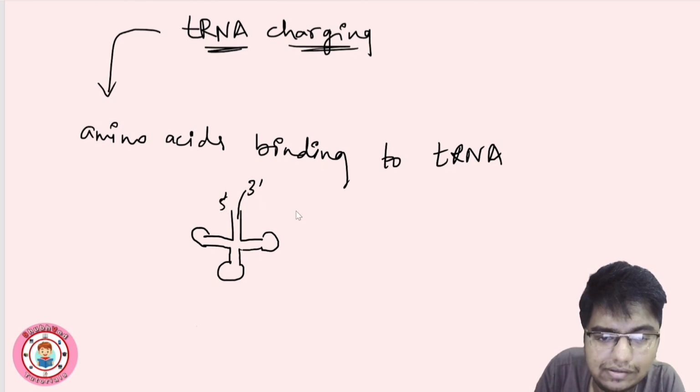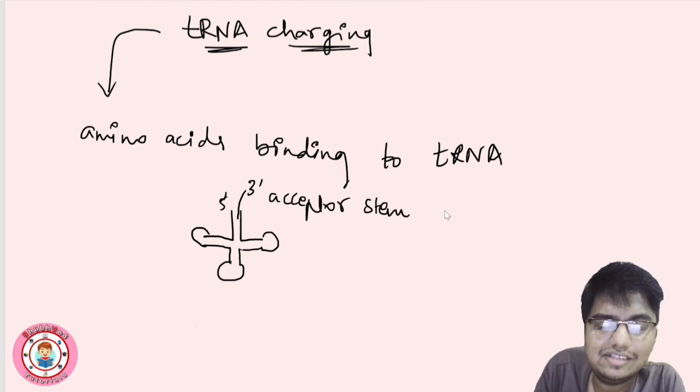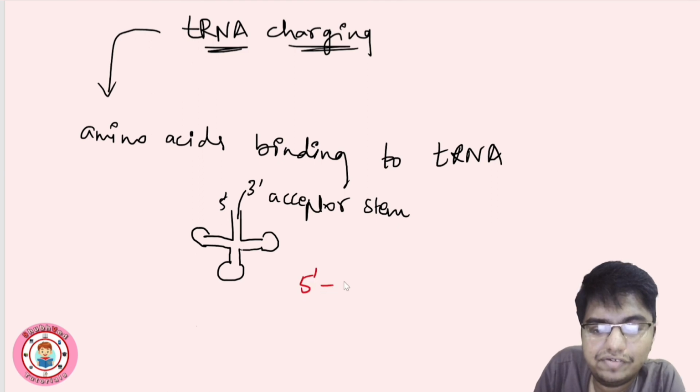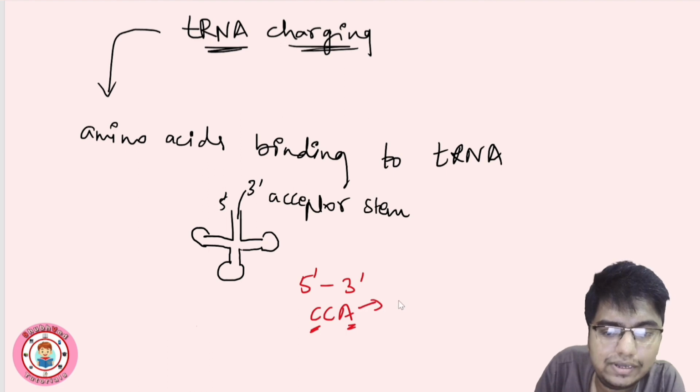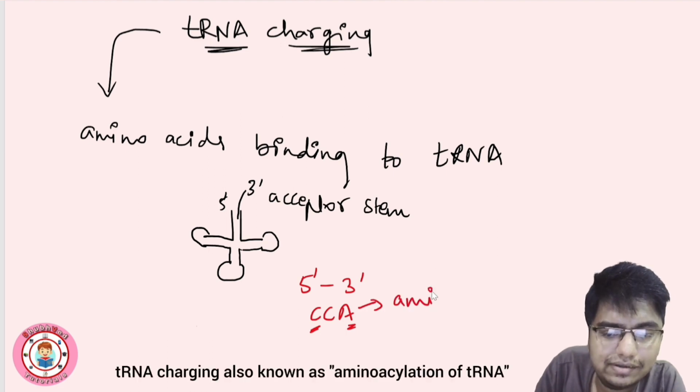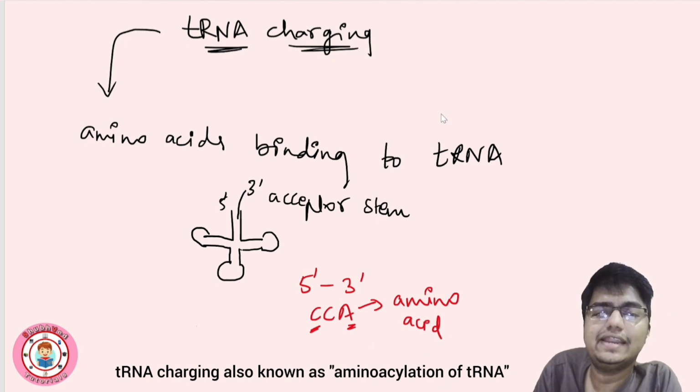This is the 5 prime acceptor stem. Which sequence is present here? 5 prime to 3 prime CCA. CCA means this C is at 5 prime and A is at 3 prime. So the amino acid will bind on this A. Got it? So this is the tRNA charging.